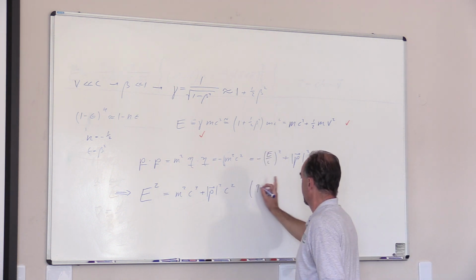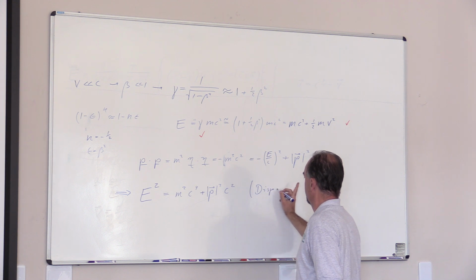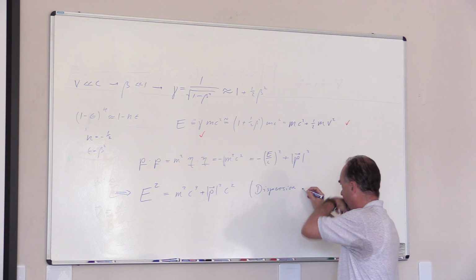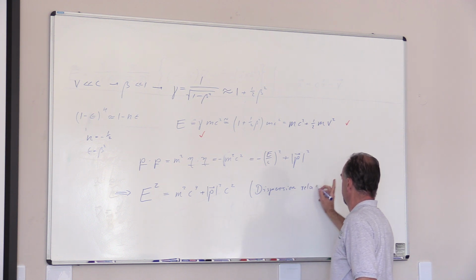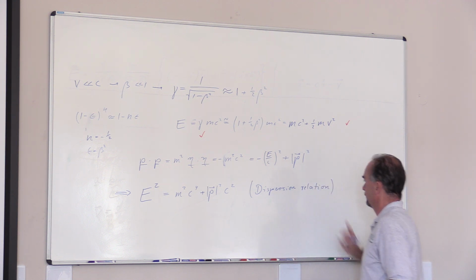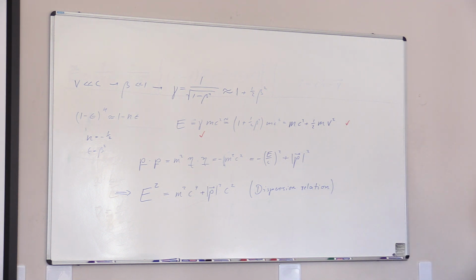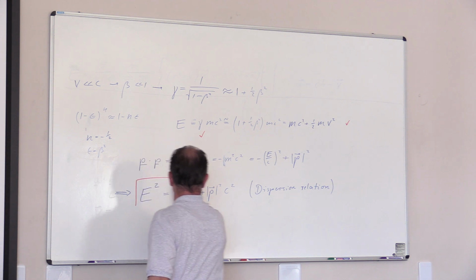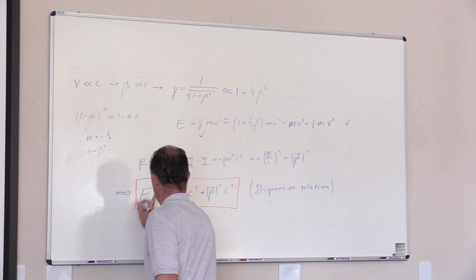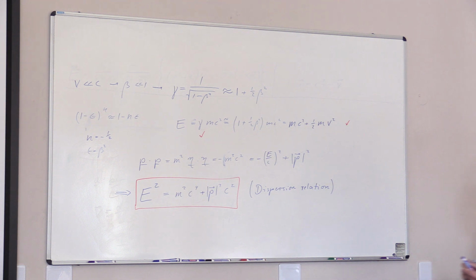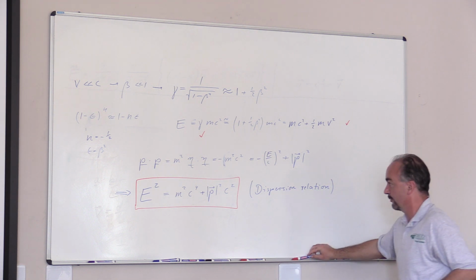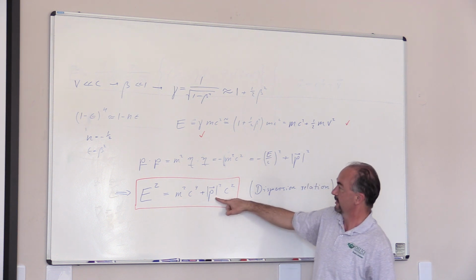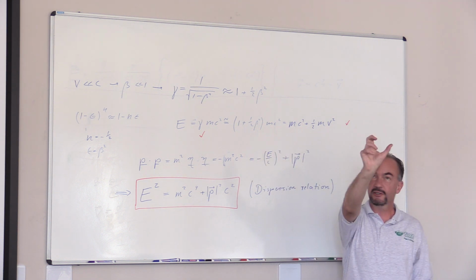So this is something that's often referred to as a dispersion relation. Okay, so we know how energy and momentum are related to each other just by this constancy of the 4-vector product.